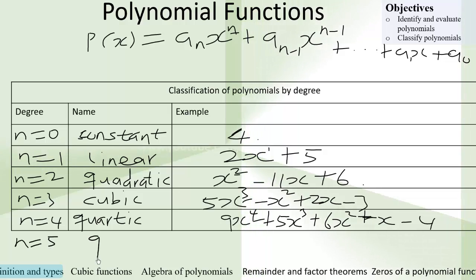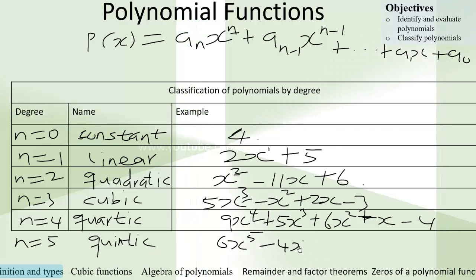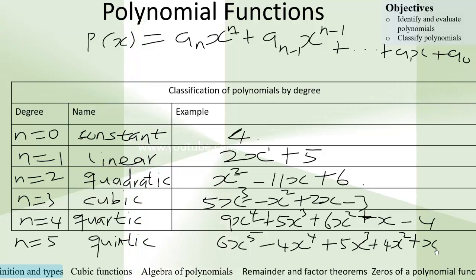That's why we call it a quintic polynomial. Then we can have something like maybe 6x exponent 5 minus 4x exponent 4 plus 5x cubed plus 4x squared plus x minus 10. So these are polynomials, and we see how we can name them and also classify them.